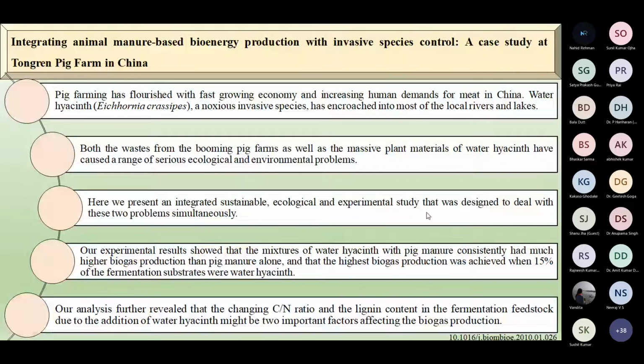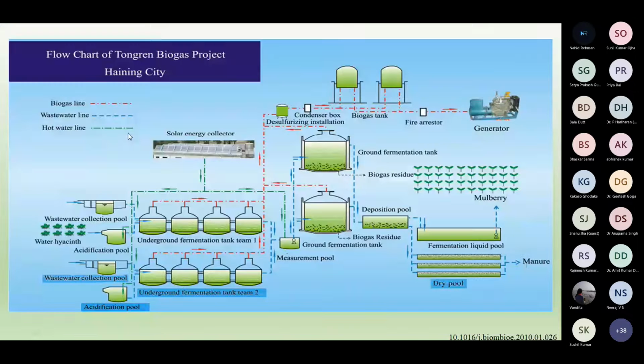And for that, they plan to make biogas production. For biogas production, they took special parameters to control. These are the carbon to nitrogen ratio. They made a plant, and according to that plant, the water hyacinth and wastewater were all collected, and then incubated in an underground fermentation tank.